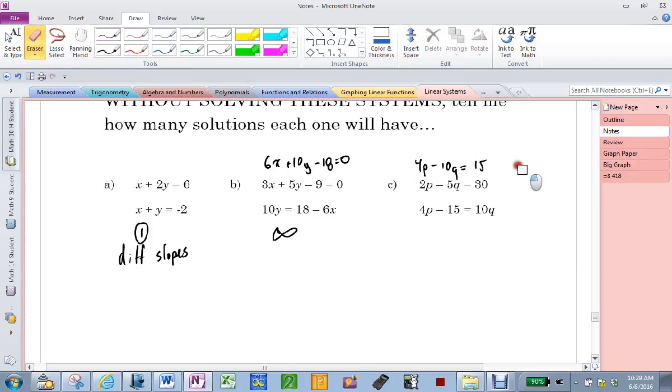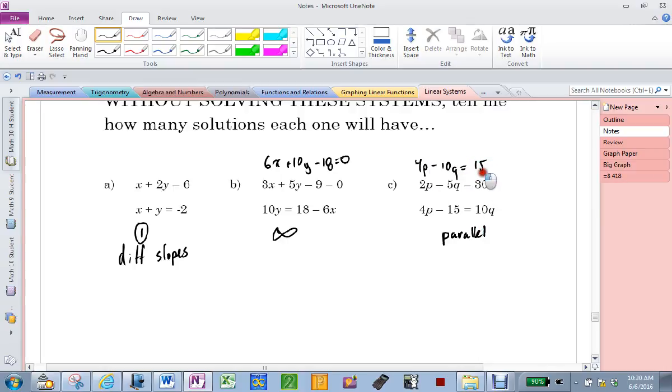Although I didn't do anything. Times 2, negative 5 times 2 is negative 10. Oh, dummy head. I knew I did it that way. This is parallel. See how easy it is to screw it up? Even I screwed it up.